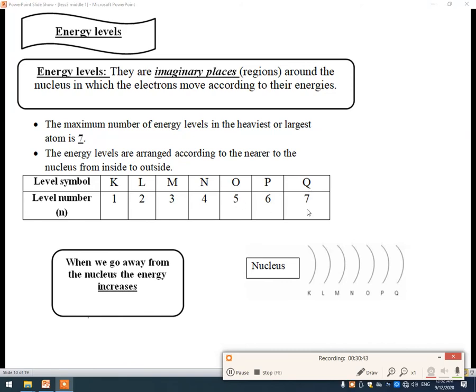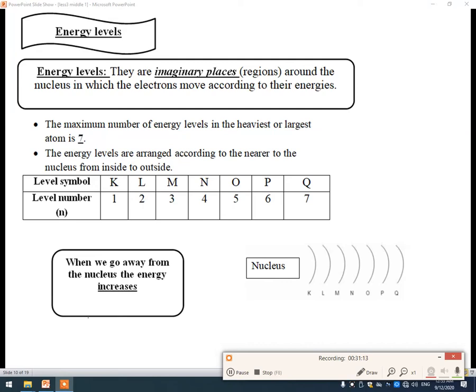Okay? And you have to know that as we go away from the nucleus, the energy increases. So if you are smart, which level has the least energy, the smallest energy? It will be K, because it is the nearest one. And which energy level has the highest energy?